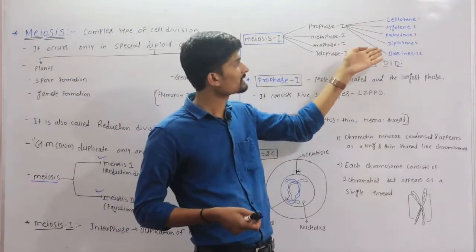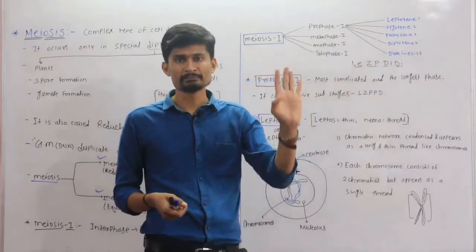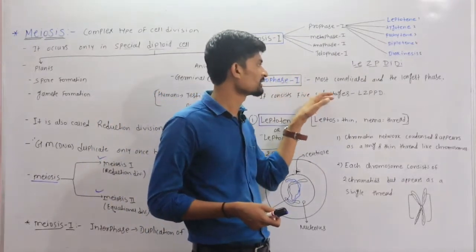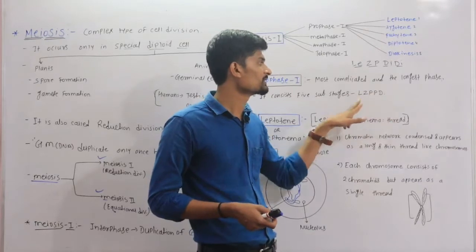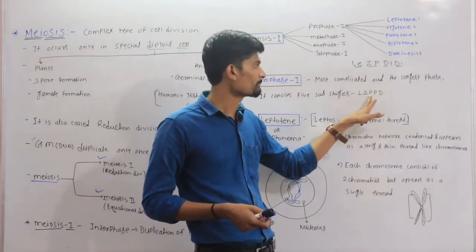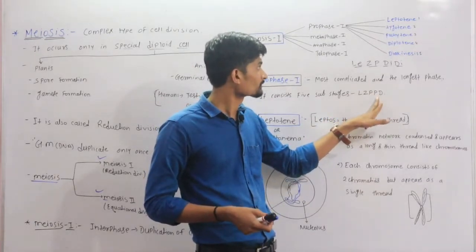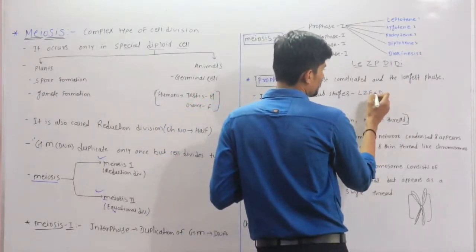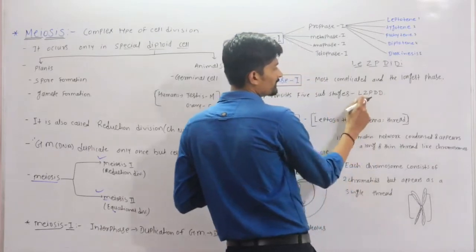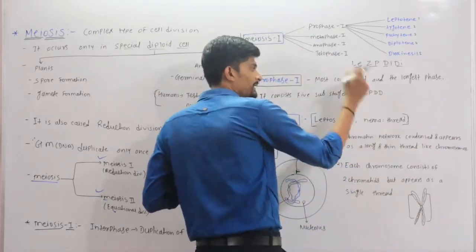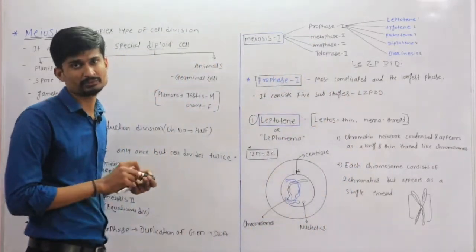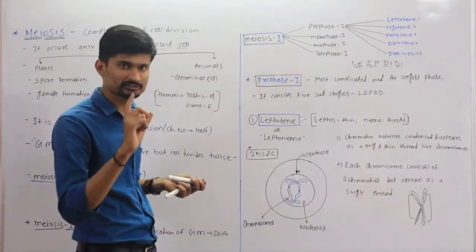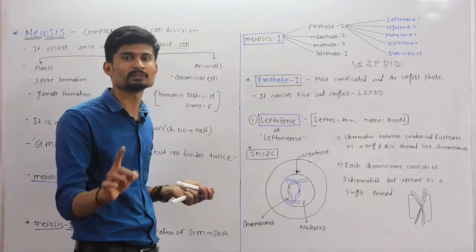We have seen only the names of these 5 substages, not in detail: Le ZP Didi, leptotene, zygotene, pachytene, diplotene and diakinesis. Now we start with the first stage of prophase 1.